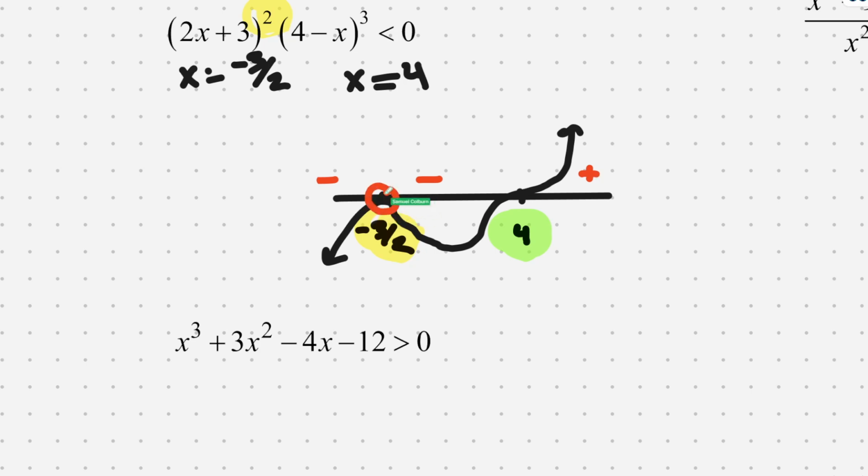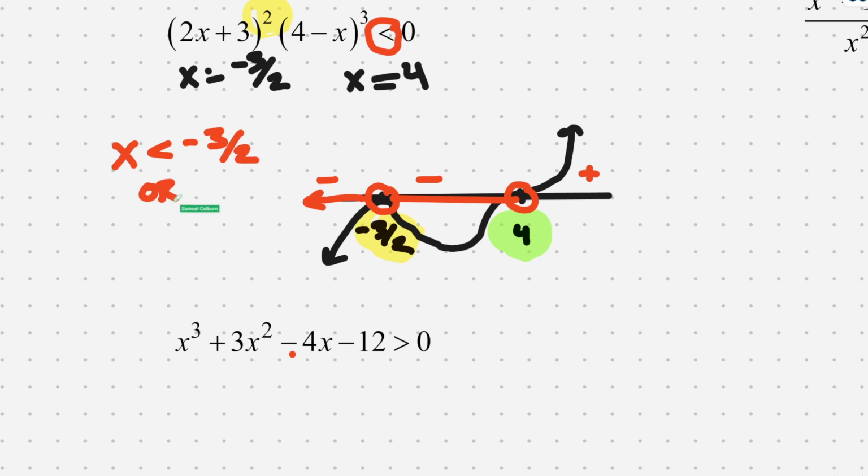This point is not a solution because at that point, the left side and the right side are both 0, and it's a strict inequality. 0 is not less than 0. So I just want to show you how to write the answer here. And it would be everything to the left of -3/2, not including.